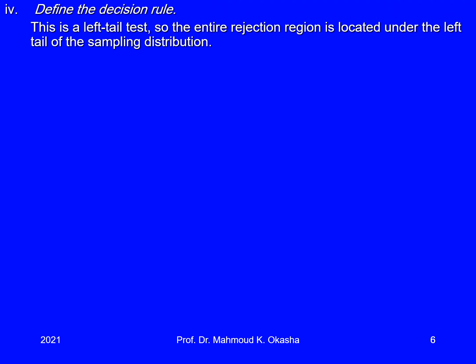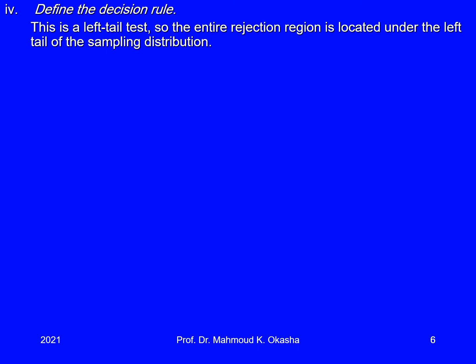The fourth step is to define the decision rule. We have a left tail test, because the sign of the alternative hypothesis is less than, which means we look at the smaller values of the test statistic.